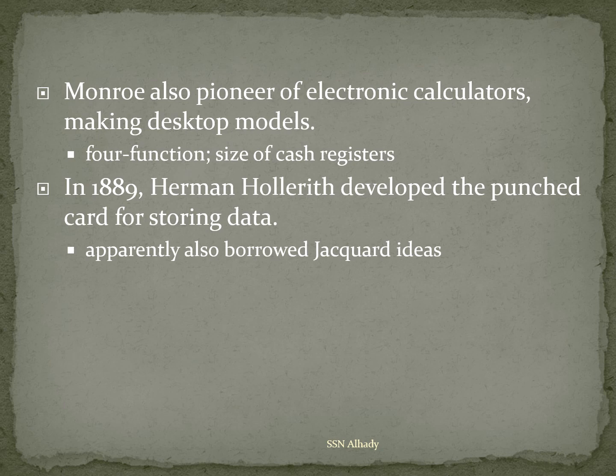And then in 1889, Herman Hollerith developed a punch card for storing data. Before the microprocessor, the way to store data was by using a punch card. It means that you put a hole in the card, and that hole represents data. And each time you want to use the machine, you need to insert the card.